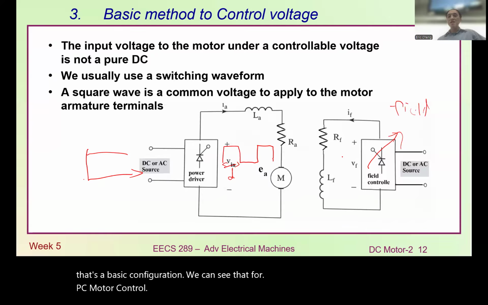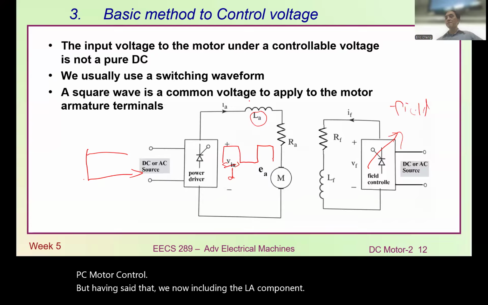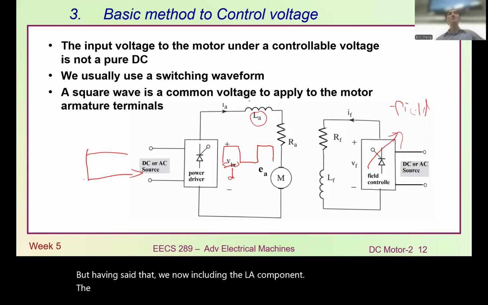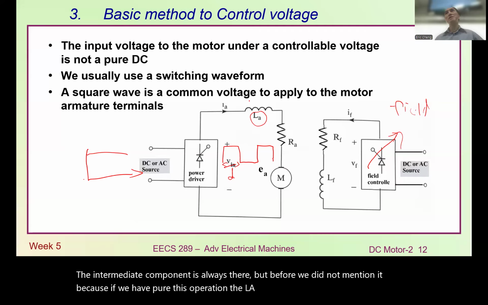But having said that, we're now including the LA component. The inductance component is always there, but before we did not mention it because if we have pure DC operation, the LA will more or less disappear.